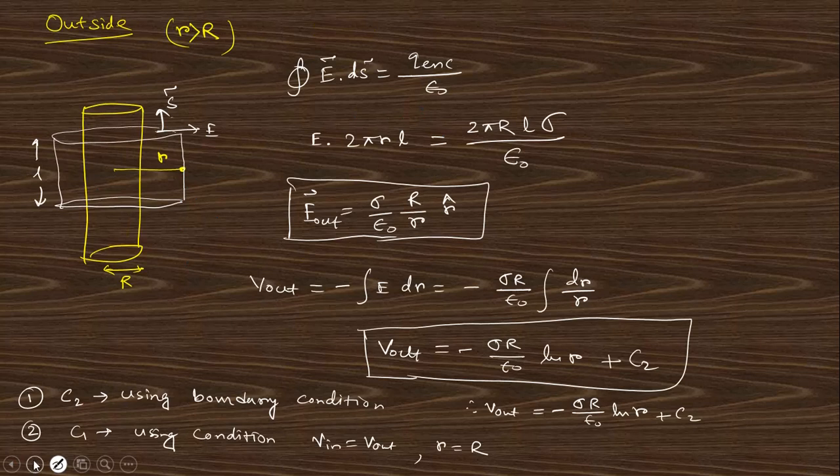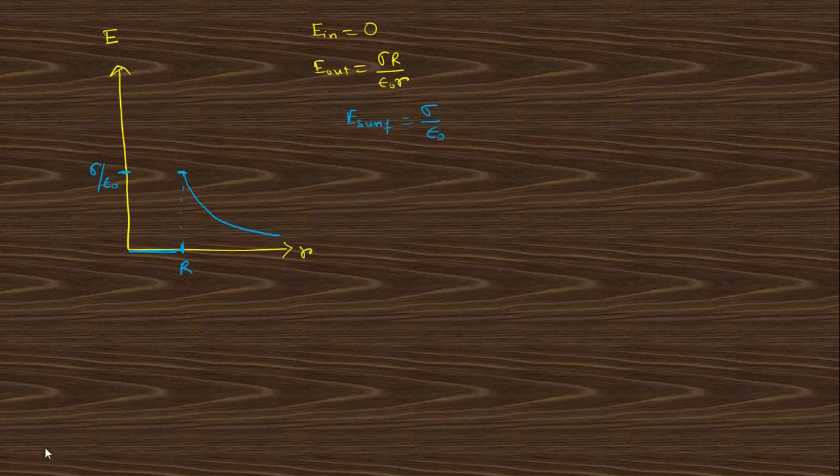And in case of the potential, up to inside this will be constant, and with increasing r, the ln term increases. So this is potential and this is radius.